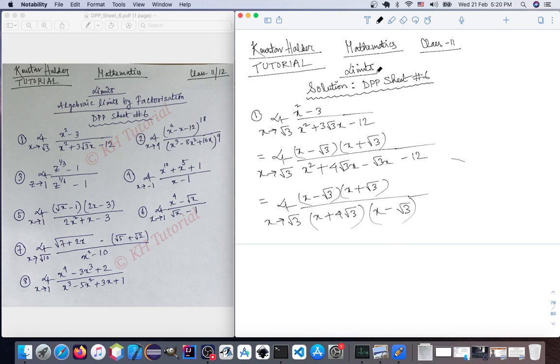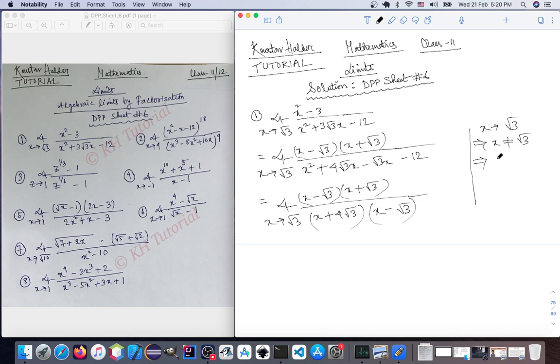So now, since x is tending to root 3, this implies x not equals root 3.